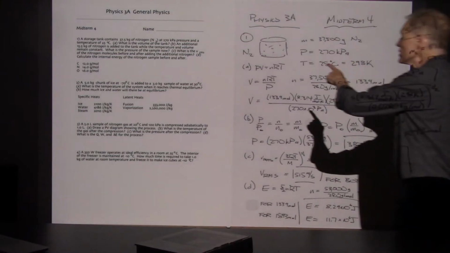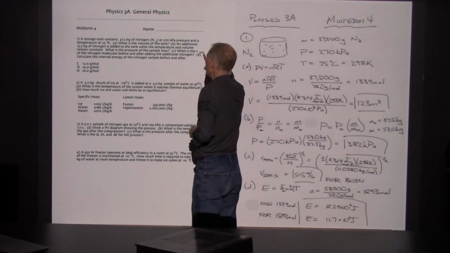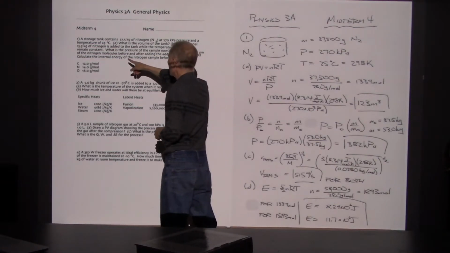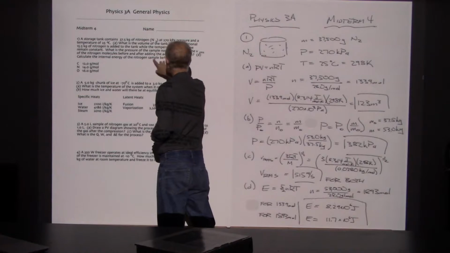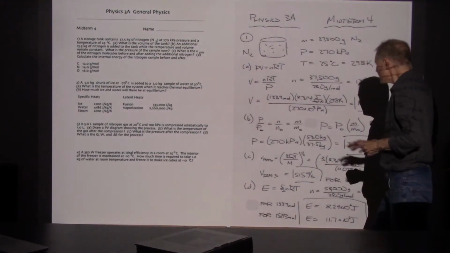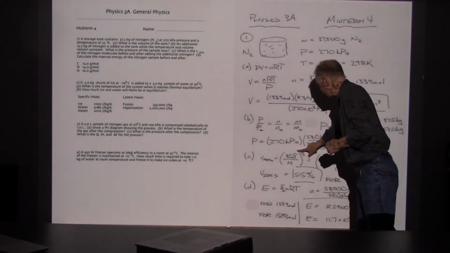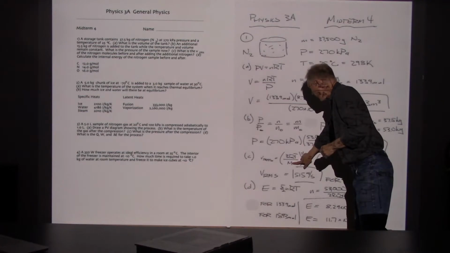On part C, it starts asking about properties of some of the individual molecules. So it says, what would the VRMS be of the nitrogen molecules before and after adding the additional nitrogen? The VRMS speeds only depend on temperature and the molar mass.